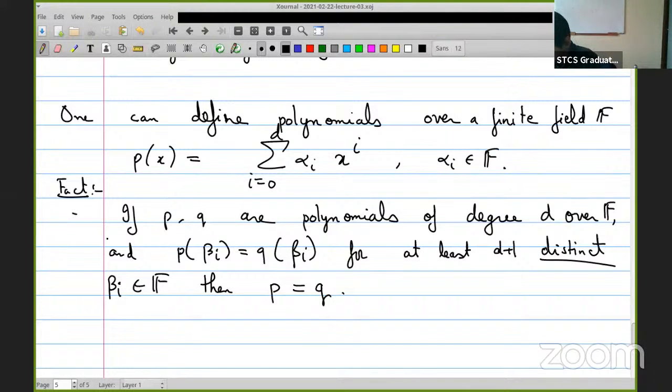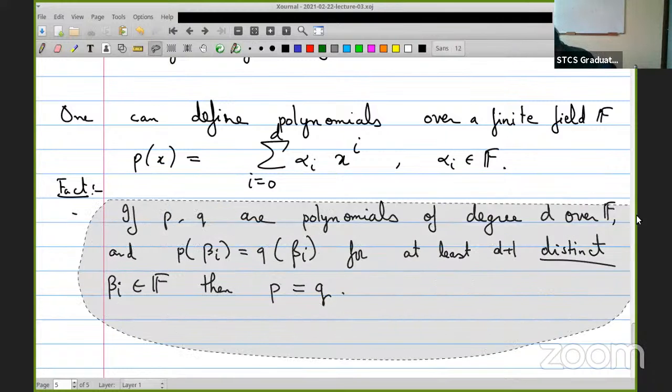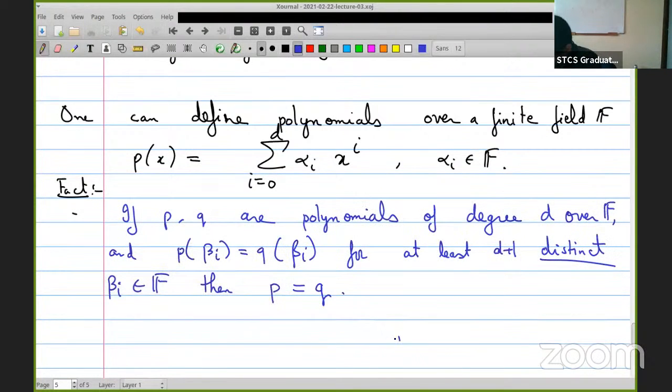So this is the crucial fact. Let's wait for a second on this. What is it saying? It's saying that if I have a polynomial of degree d, it's uniquely determined by its values at d plus 1 points.